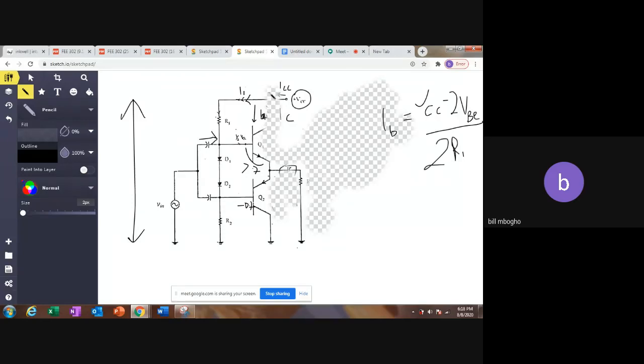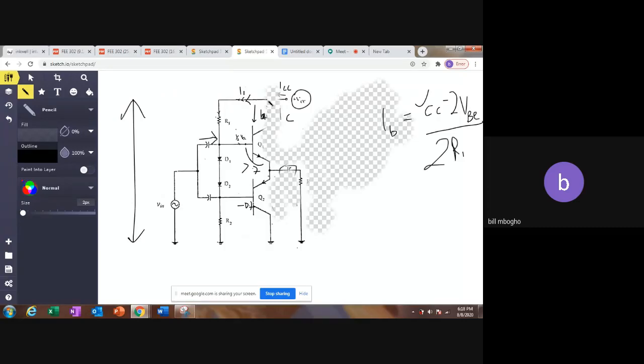Because that current doesn't come from the source. We're not drawing it from the source. That current is the current that was saved in the capacitor during the forward cycle. So we already account for it during the forward cycle. We don't need to account for it again during the negative cycle.